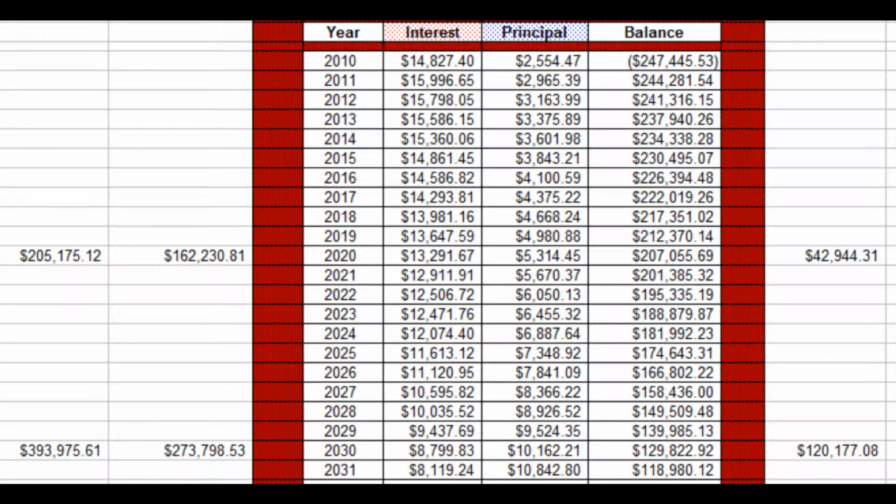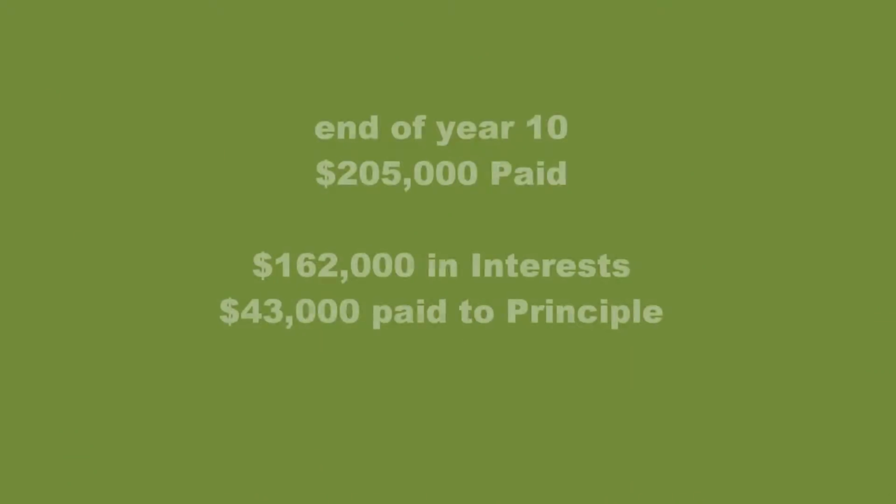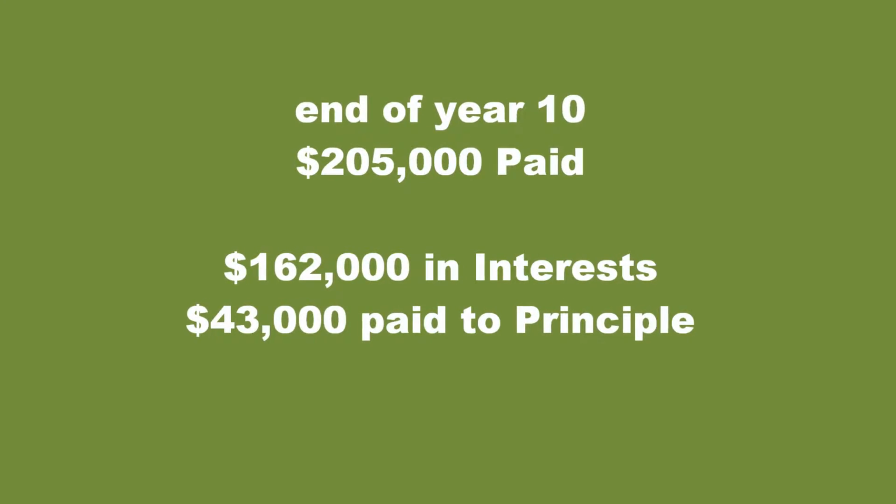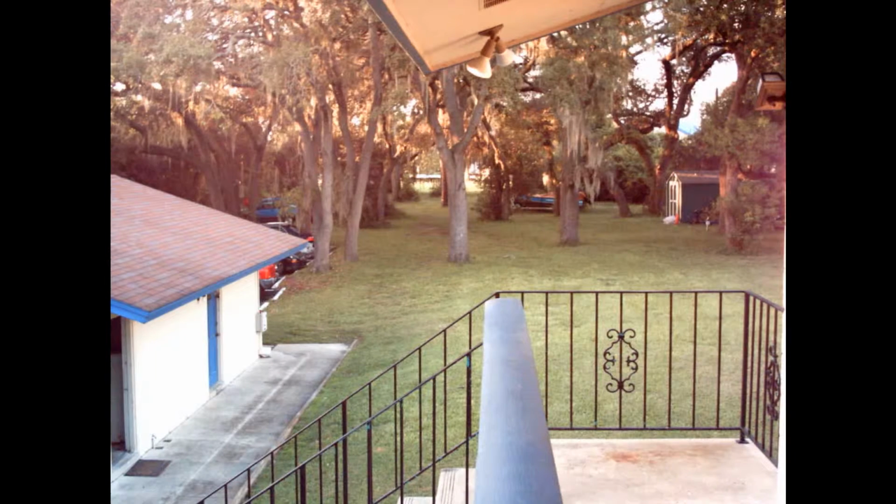This $43,000 is your equity after 10 years of payments. After payments over $200,000, your equity is $43,000. Of course, if you do not decide to move out of your house and ask to refi to buy another house, which normally takes all your equity away, you are on your way to pay off your home loan.